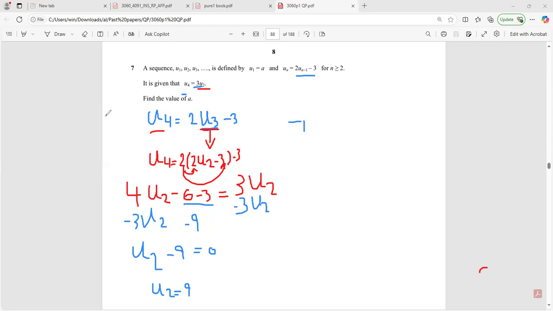And here the fourth term will be 3 times 9, so it's 27. So the first we don't know yet, and the second will be equal to 9. And the third here will be 2 times the second term, which is 18, minus 3, which will be 15. And here it will be 27. So it will be 2 times 15, which is 30, minus 3, which is 27. Both work because we have the rule for the second term.